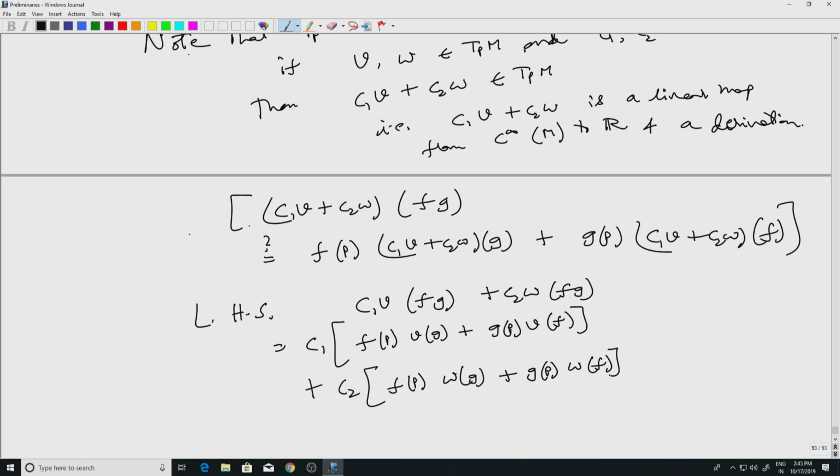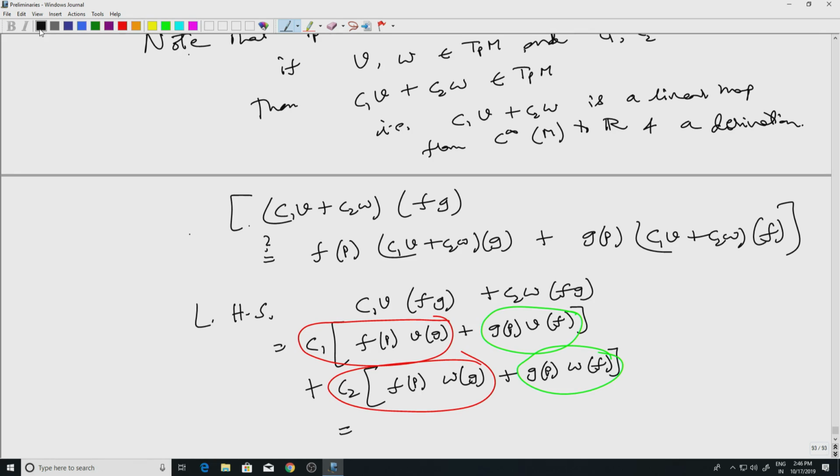Then I just combine the corresponding terms along with the C1 and C2.